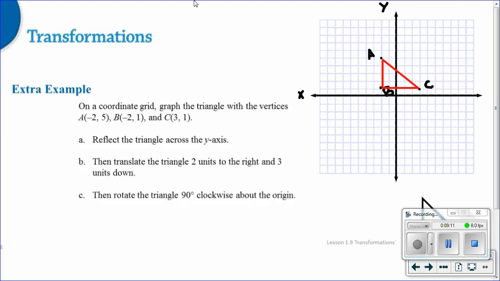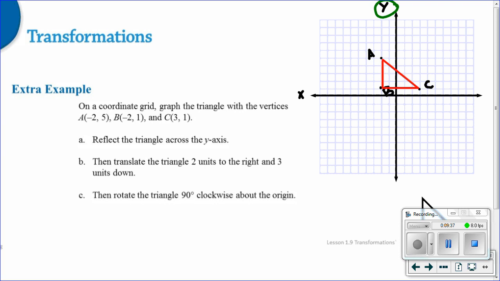All right, so let's just take one example here. On a coordinate grid, let's see how this looks. Let's work particularly with A and B. C I'm not going to worry about so much at the moment. We're going to reflect this triangle across the y-axis. So here's our y-axis, our mirror. When I reflect, there are a couple things to remember.